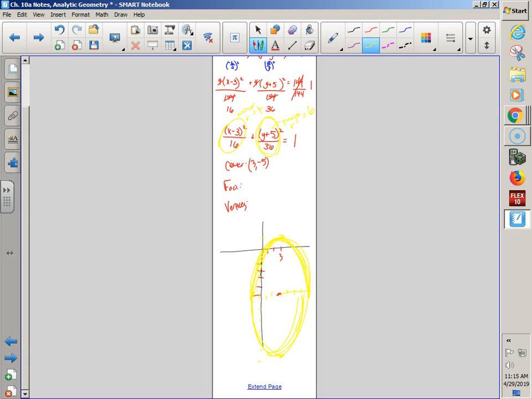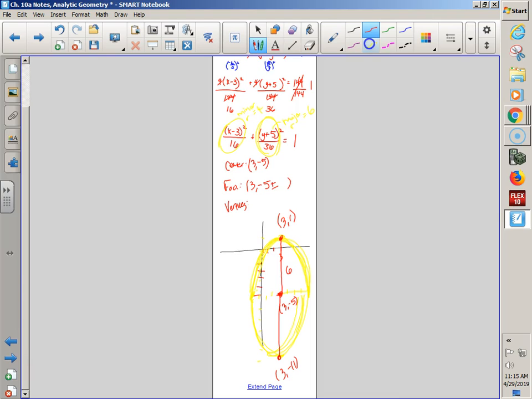There's my ellipse, and I can go ahead and find my vertices by taking my HK of 3, negative 5, and adding to the y's to get to my next one. So 3, 1, and subtracting from my y's to get to the other one. So that'd be 3 and negative 11 because that major radius is 6. Uh-oh, hold on.